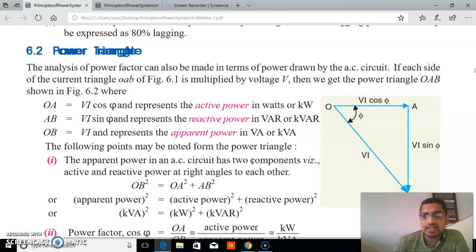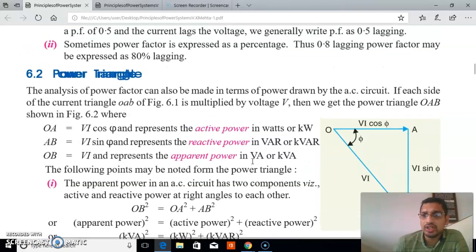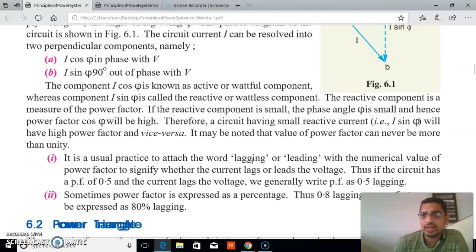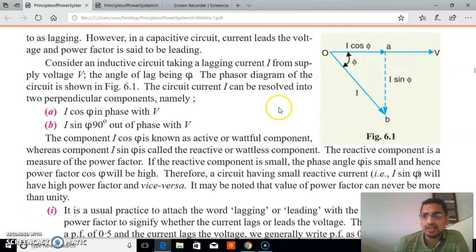Next, the power triangle. In this power triangle, we have already drawn V and I and their components. In this triangle, we multiply V with the three sides of the triangle. So we get VI cos phi, VI sin phi, and VI.